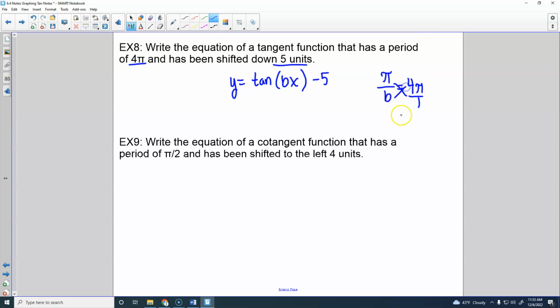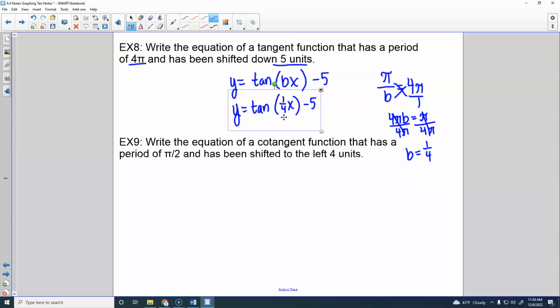So if we cross multiply, we get 4 pi times b equals pi. We can divide both sides by 4 pi. It will cancel the pi's right there. And b will equal 1/4. So your equation would be y equals tangent of 1/4 x minus 5. Or they might write it as x over 4.